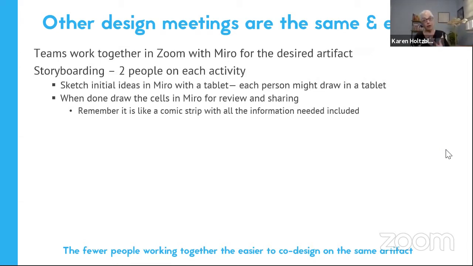And when they have figured out how they will address that activity inside the vision concept that has been agreed to, then they'll draw like a comic strip, right? And as long as that doesn't need to be reviewed externally, people, if you're doing things in parallel, can review that just by looking and walking through the comic strip. Remember, put it in as much detail as necessary so you don't have to explain what's going on.